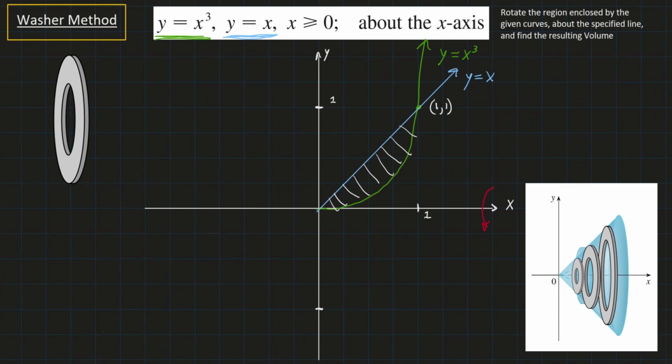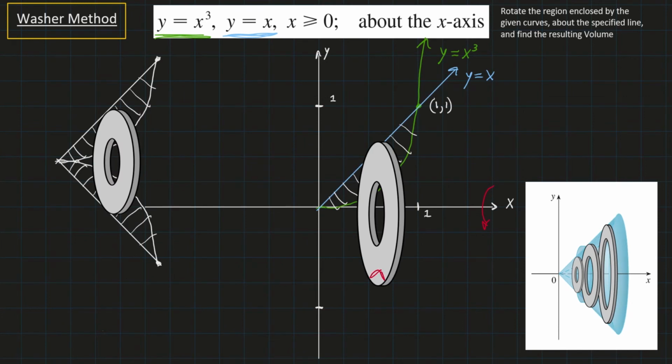A washer is made up of two disks. We have the area of a bigger disk, and what we do is we subtract off of that the area of a smaller disk. And then we just proceed as we usually would with the disk method. A washer is simply two disks subtracted.